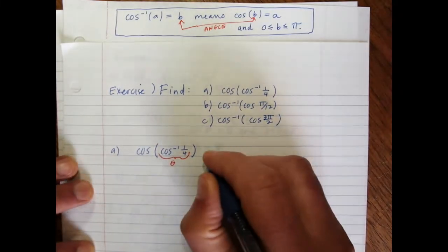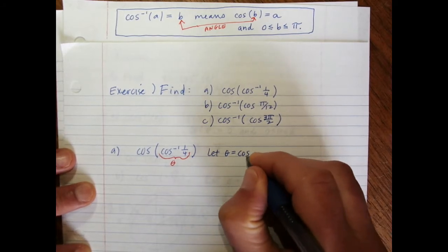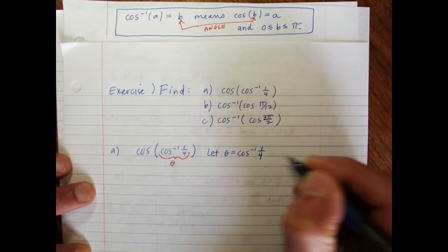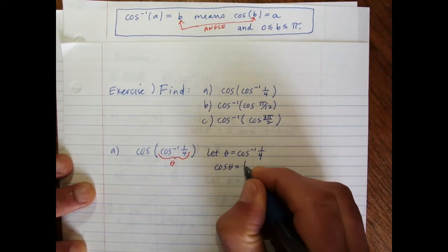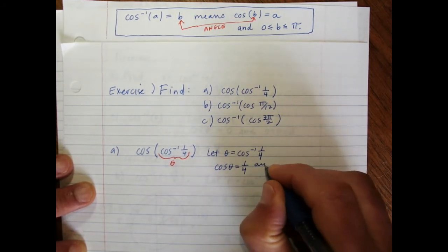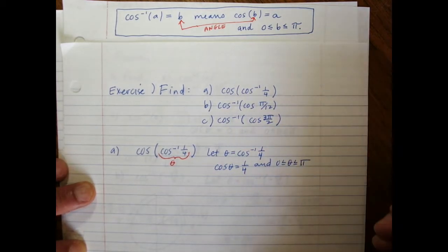So I'm going to let theta equal cosine inverse of 1/4, so that cosine theta is 1/4, and 0 is less than or equal to theta is less than or equal to pi.